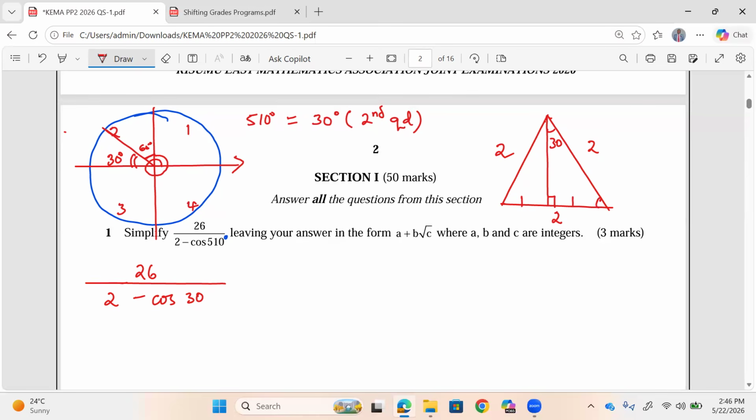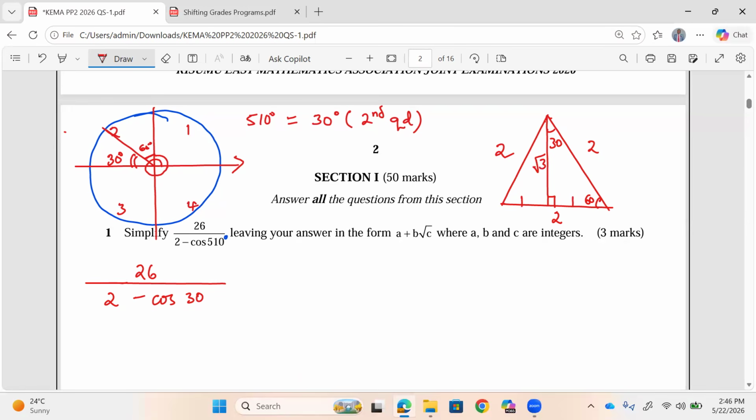So now, remember, this is 60. When we're talking about cosine, we should be having this height here. So the height using Pythagoras theorem, 2 squared minus 1 squared, becomes 3. So the square root of 3 becomes the value of this height.